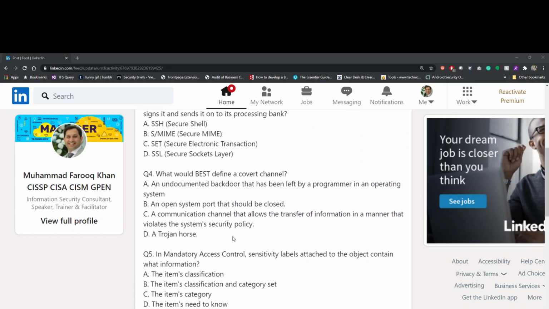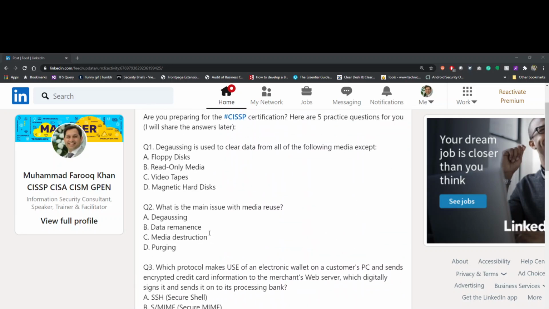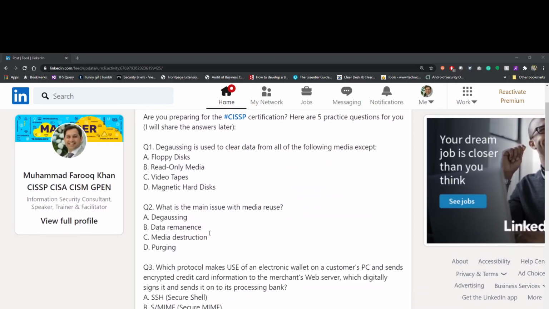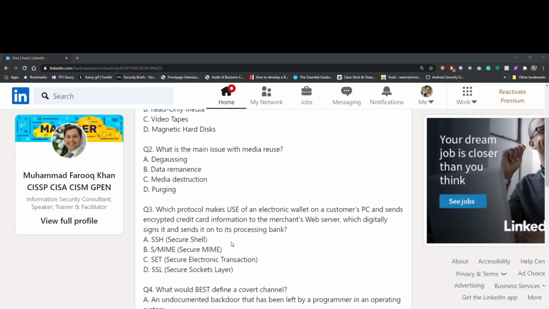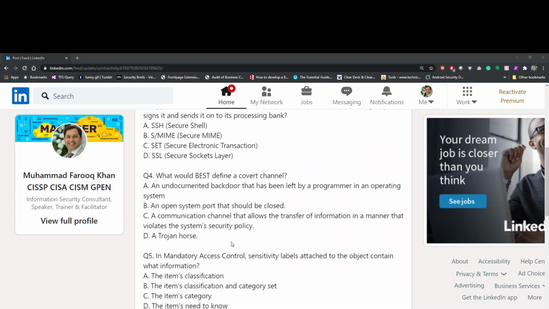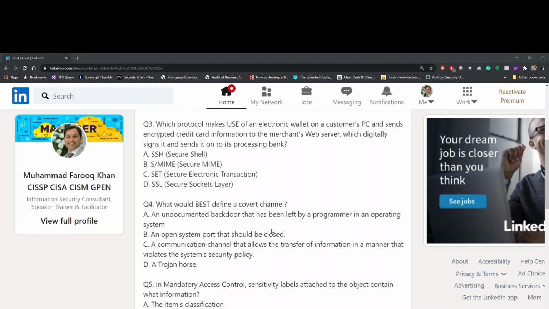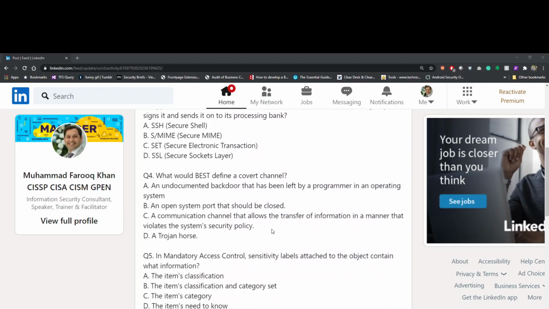So these were the 5 questions. I hope that you have a better understanding if you didn't have that before. I'm going to keep on posting more questions, and I'll try to bring in more complex ones, because these questions, even though they are good practice questions, probably are not going to be included on the exam itself.